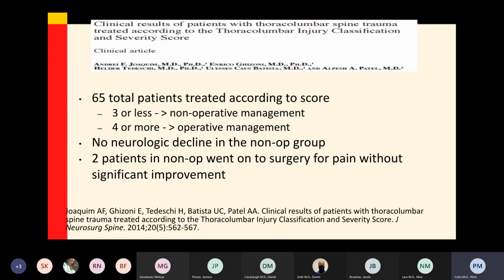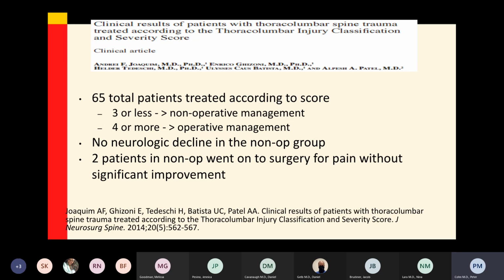There have been some studies to try to validate this classification system. I didn't include anything about this, but it does have high inter- and intra-observer reliability, more so than other previous systems, like the Magerl classification system, certainly.